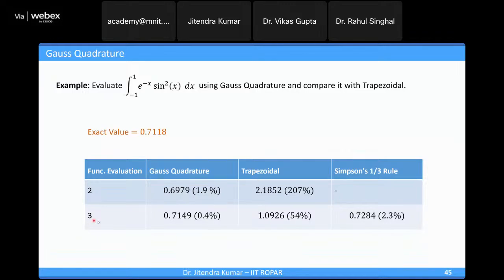If you use trapezoidal with 3 evaluations, you will get 1.0926, a 54% error. Here the error is very, very small. And even with Simpson's, where the accuracy is also high, you get 0.7284, not as acceptable as Gauss quadrature. So this accuracy is really high in Gauss quadrature, if you compare with the computational expense.